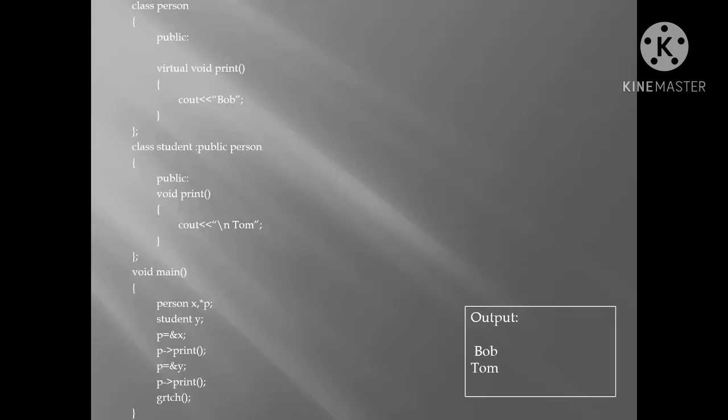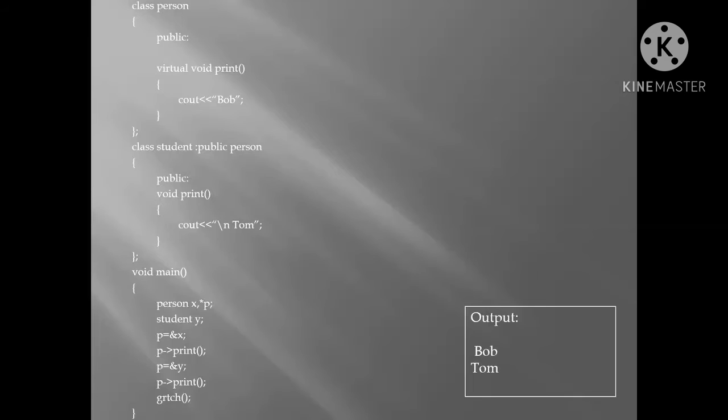Both the classes have one function, that is print, and both the function names are the same. So we are going to declare the base class function as virtual function. As you can see in the program, in base class, that is person class, the print function I have declared as virtual.